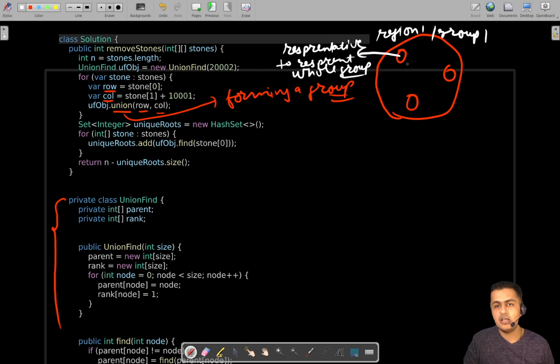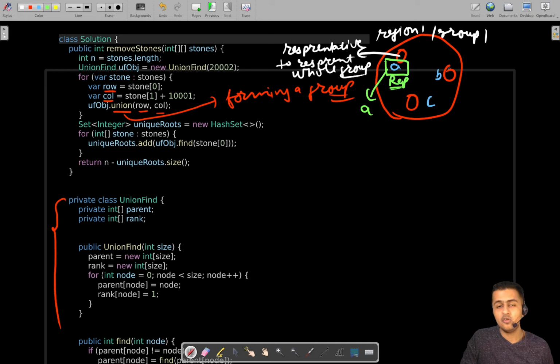Let's give them names: A, B, C. Let's say the representative is right now A. Let's write REP, representative. If you ask A who is the representative of your group, A will answer, the representative of my group is A, myself.